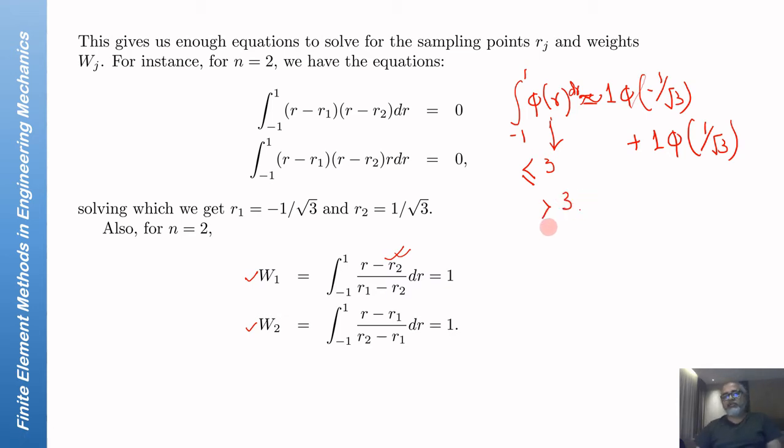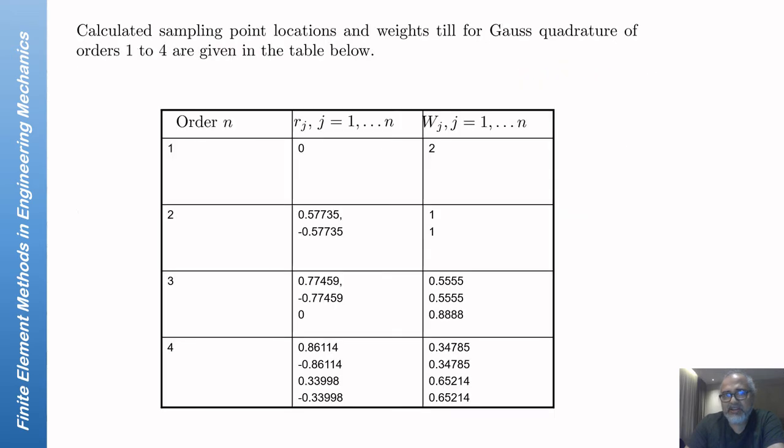So that is how you determine r1 and r2, and once you determine that, this is how you determine the weights. Now this was rather easy for n equal to 2, but if you want to do it for higher n's, then it's a bit difficult.